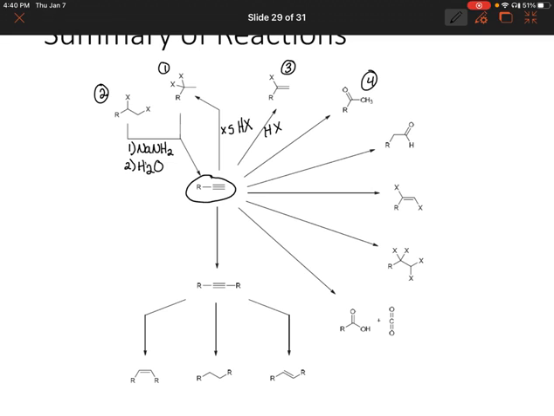So for this one, we would need to use catalytic acid diluted in water, followed by the catalyst mercury sulfate or mercuric sulfate. All right, and then how would we make the aldehyde shown off to the right?